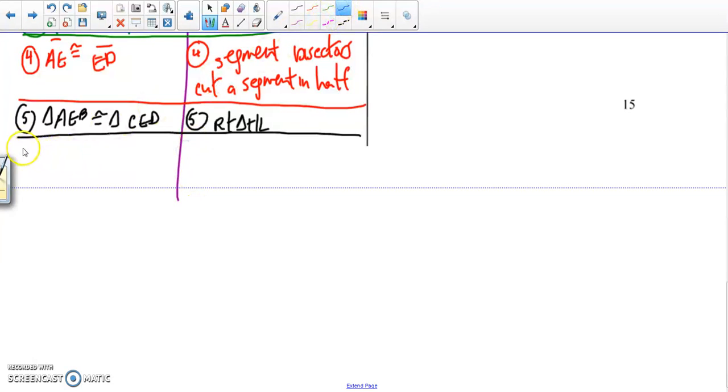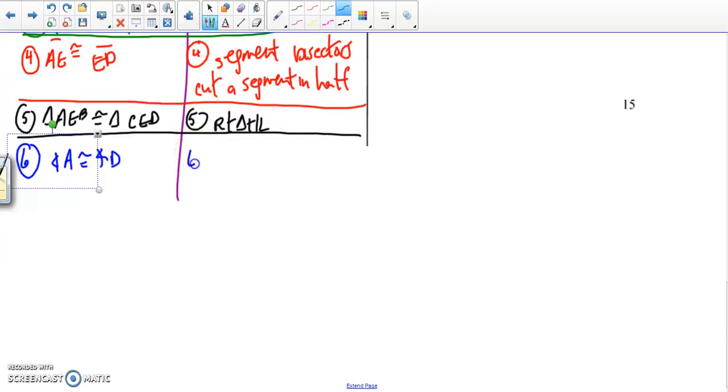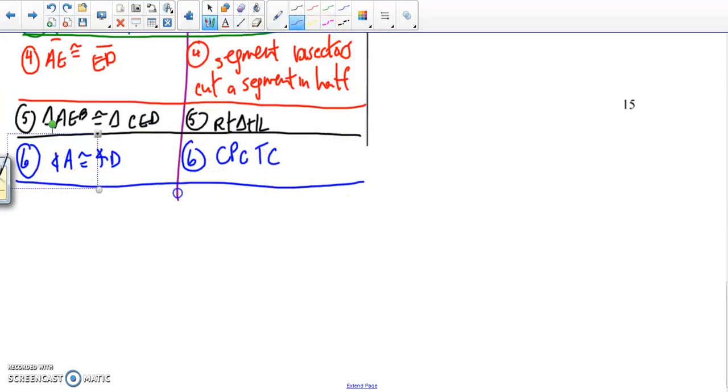So now the next thing we know, since these triangles are congruent, like I said, we can now say that angle A is congruent to angle D because corresponding parts of congruent triangles are congruent.